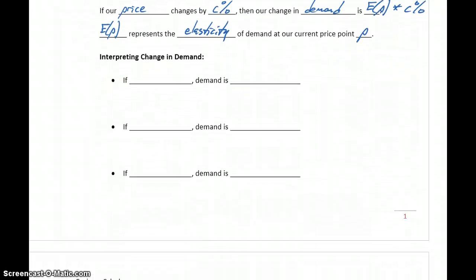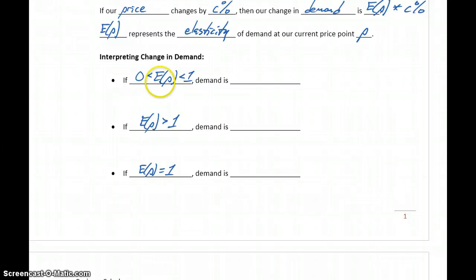So to interpret that, we'll either get a value for E of P, that elasticity, that's between 0 and 1. We'll get a value for E of P that's greater than 1, or we could get a value that's exactly equal to 1. So what we want to know is, what do each of those different cases mean?